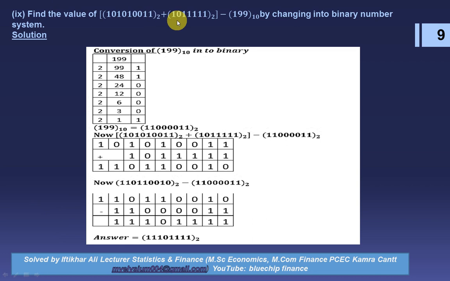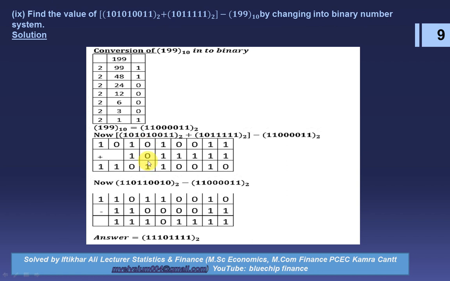Question number 9: find the value of 1010100011 binary plus 10111111 binary minus 199 decimal by changing into the binary number system. So first of all, we will convert this decimal number into a binary number. The result is given here, and after that we just add up these two binary numbers.